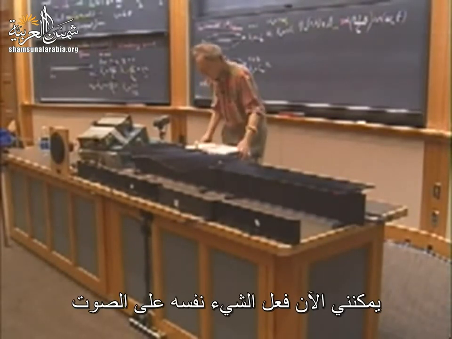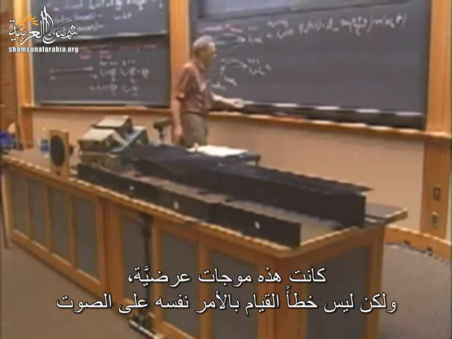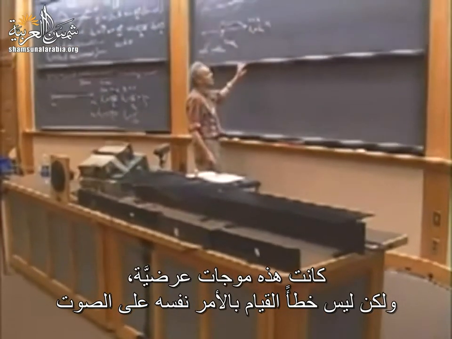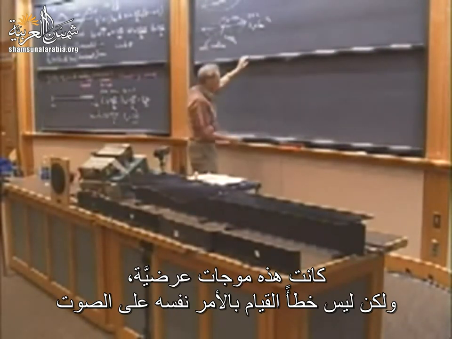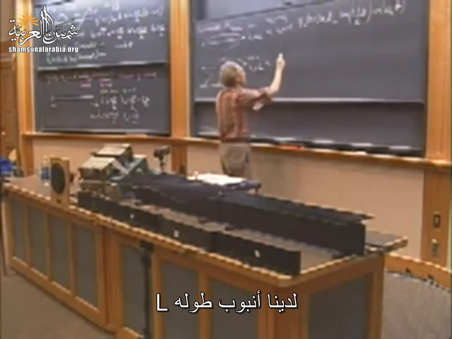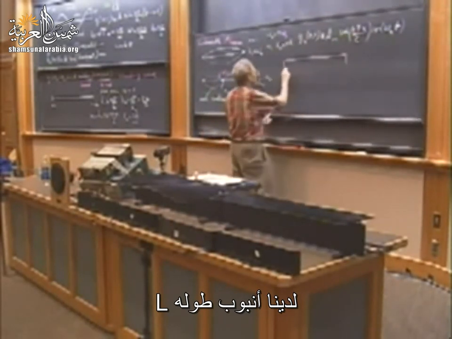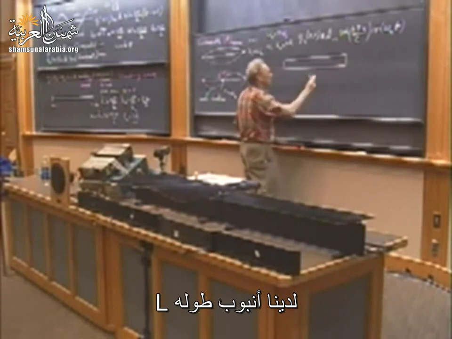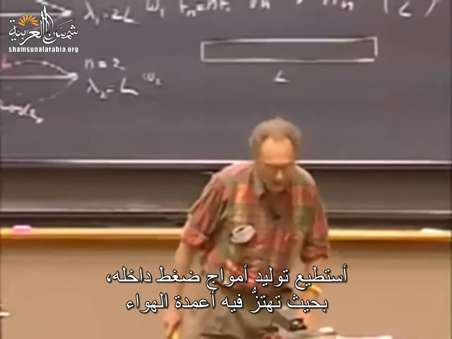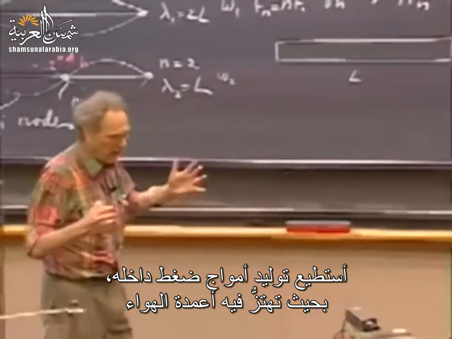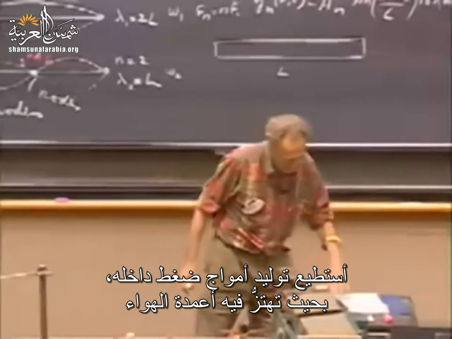I can now do the same thing for sound. These were transverse waves, but there is nothing wrong with doing the same thing for sound, in which case you would have a tube which has a certain length L, say it's closed on both sides for now, and I can now generate in there pressure waves, make the air column oscillate.